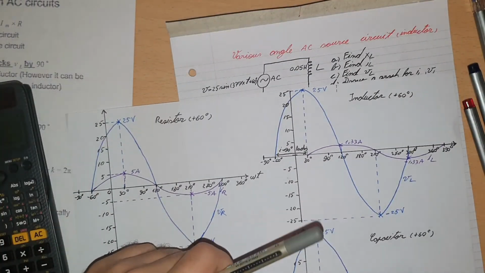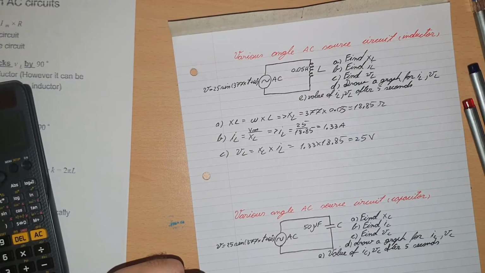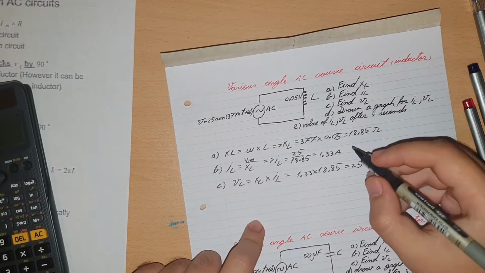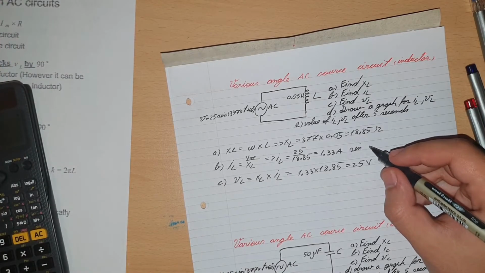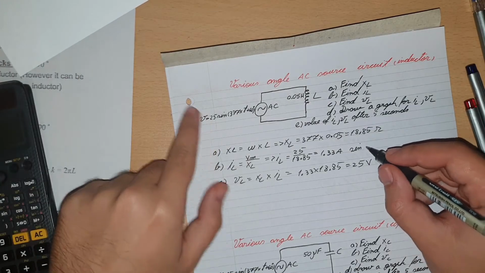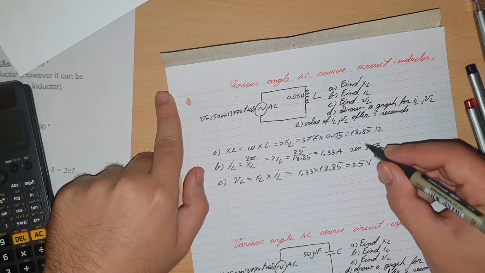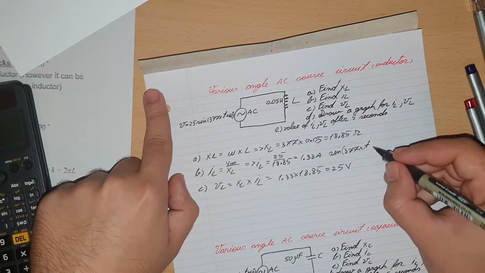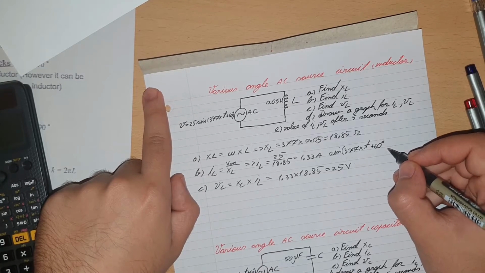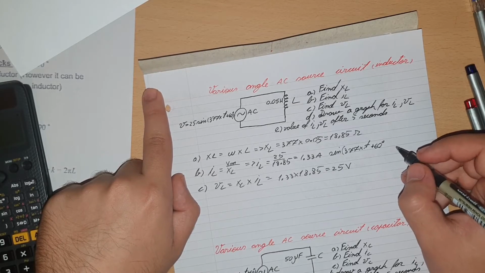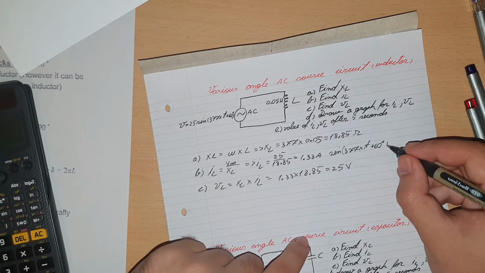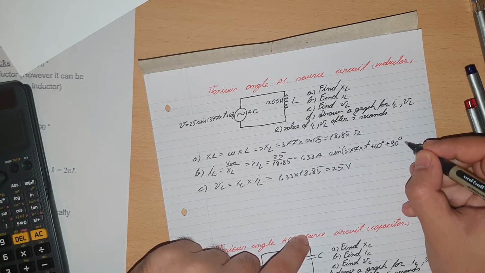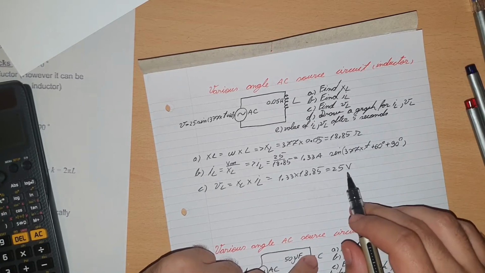And it's this one here, and I almost forgot the most important part, which was to add them. So that'll be sine 377 multiplied by time plus 60 degrees, and then for the inductor it'll be a plus 90 degrees.